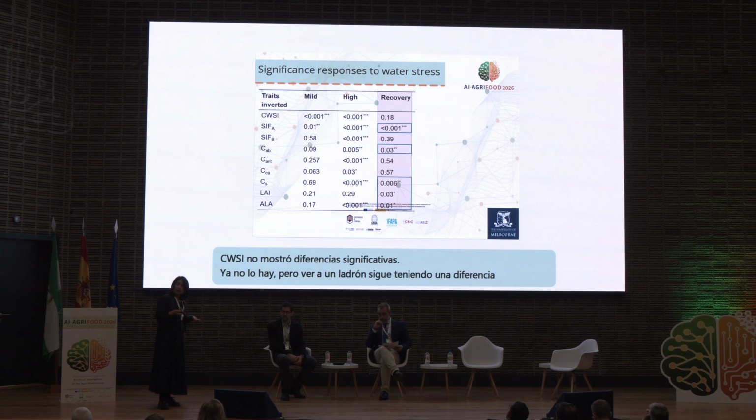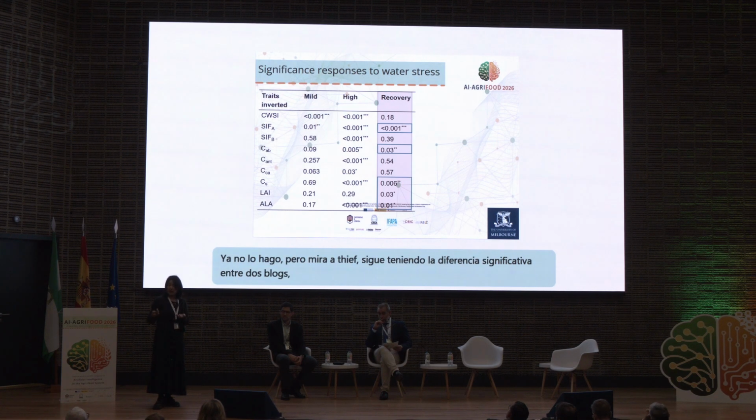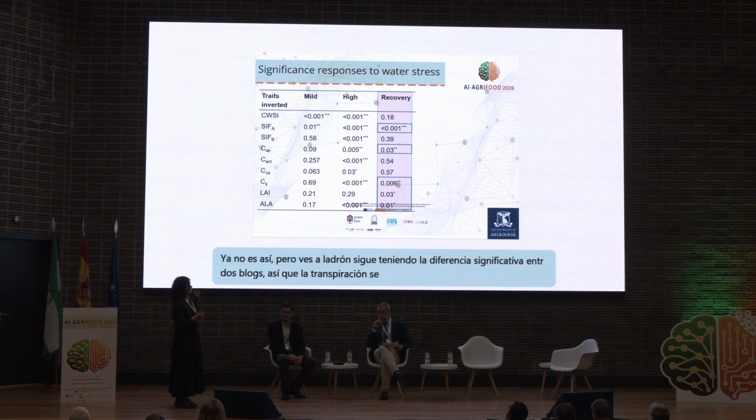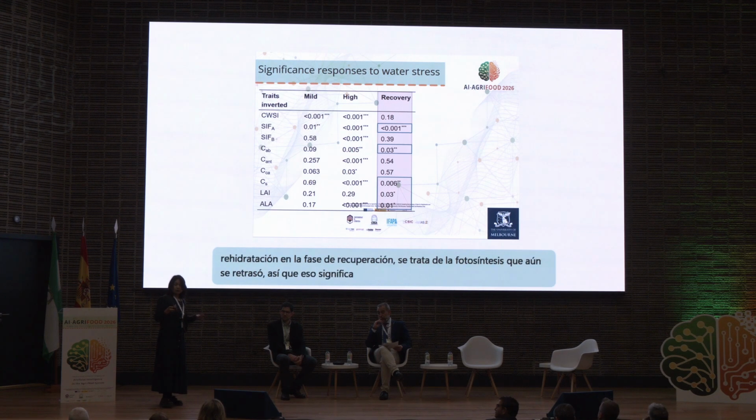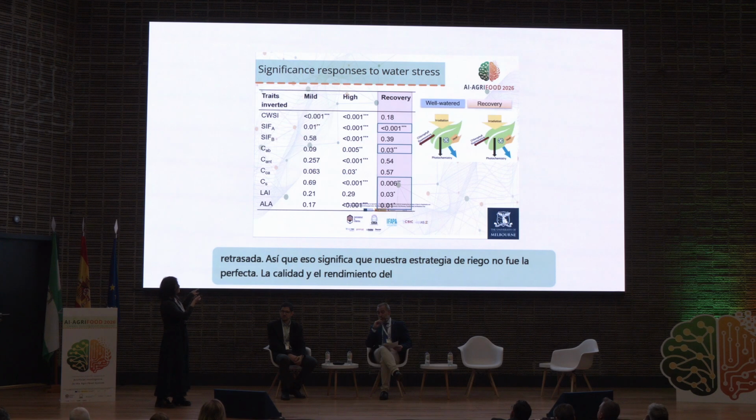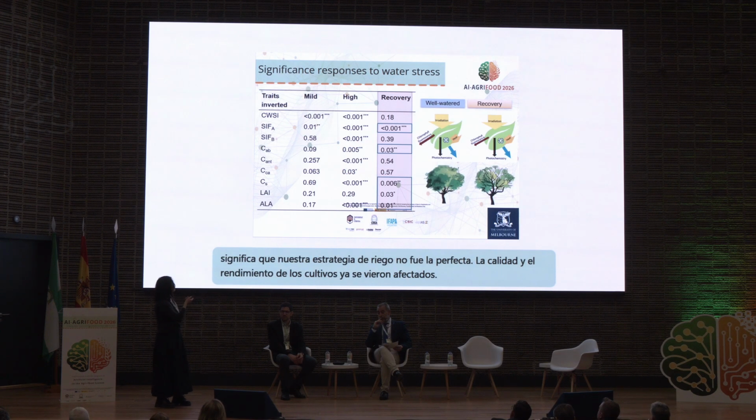So transpiration was restored after rehydration at the recovery stage, but photosynthesis was still set back. That means our irrigation strategy was not the perfect one. The crop quality and yield were already affected. This is also proved by the significant difference in other plant traits, including structural traits, for example, the LAI.